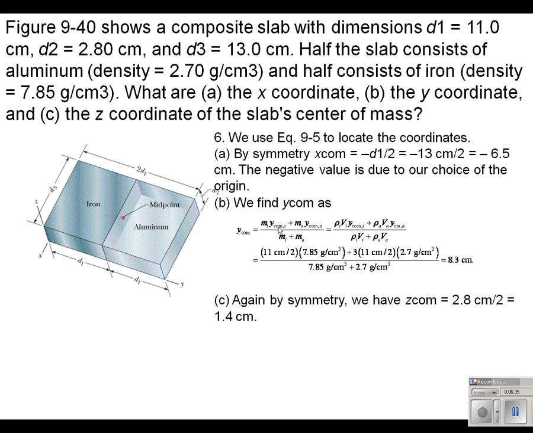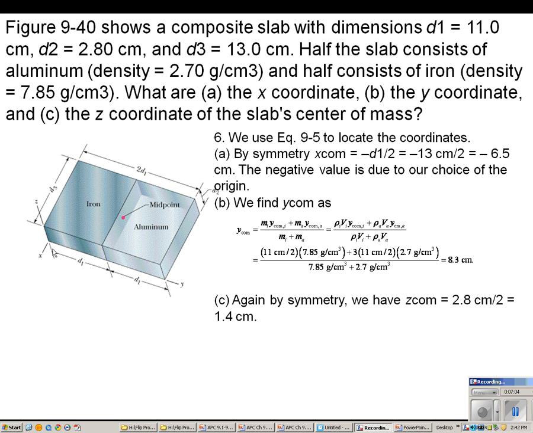And in the y position, we know that D1 has a value of 11 centimeters, and we go halfway over, that's where our position is. 11 centimeters divided by 2. And same thing here, D1, 11 centimeters divided by 2. That's our position that we're going to use.